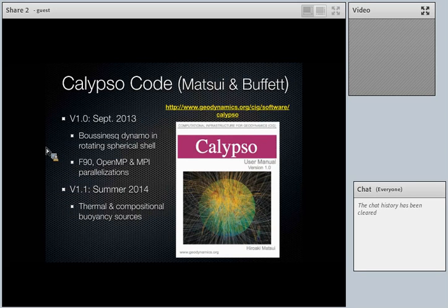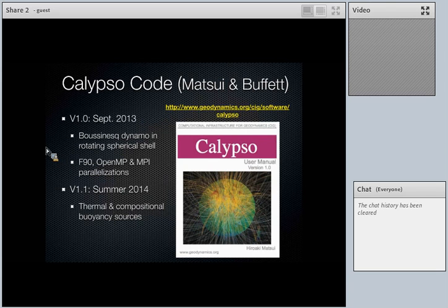This code solves Boussinesq equations for rotating convection-driven dynamo action in a spherical shell geometry. As I mentioned before, F90, OpenMP, MPI.